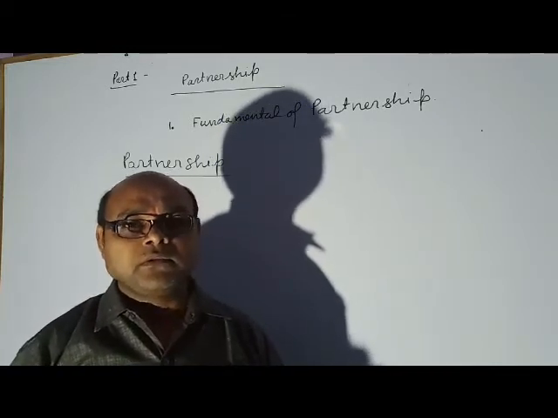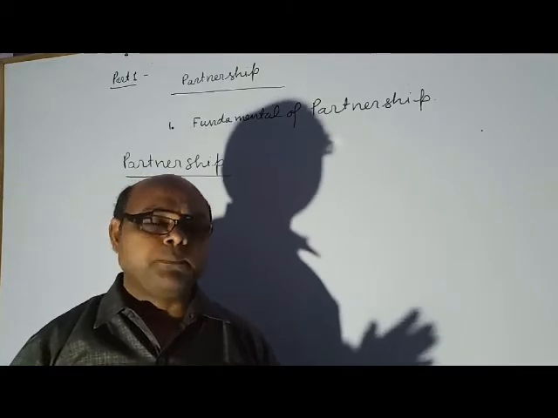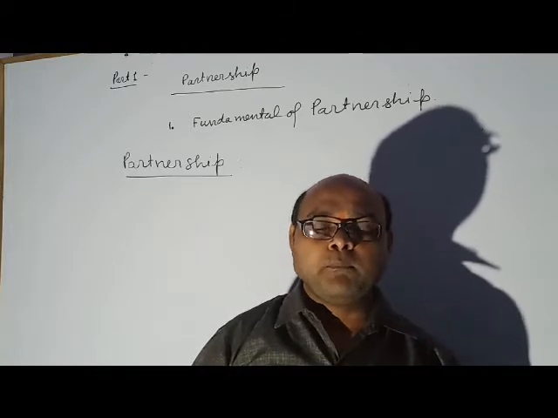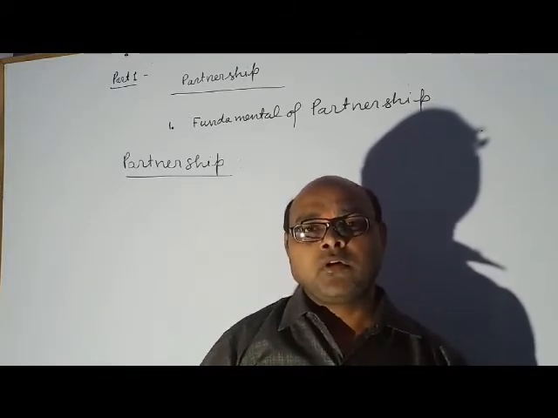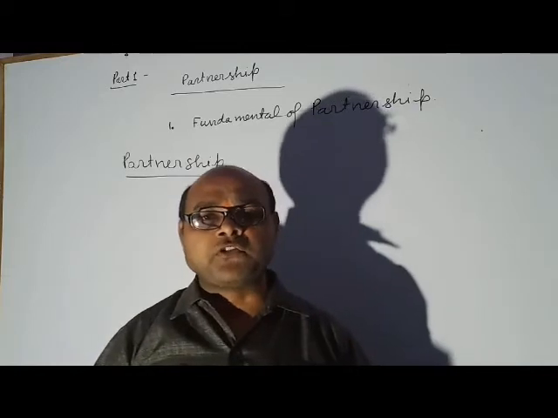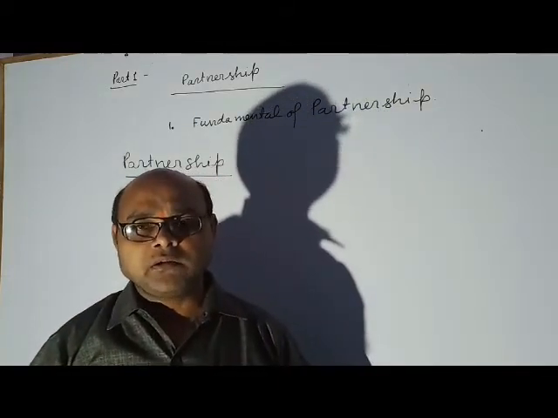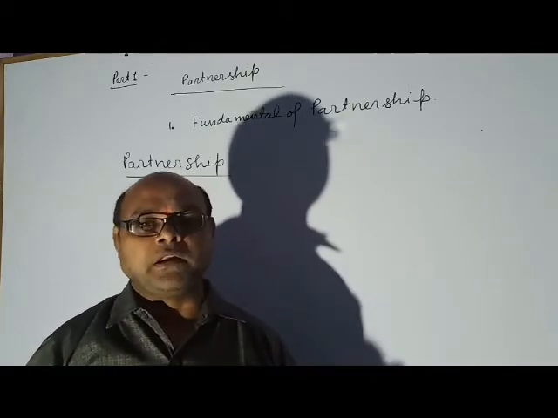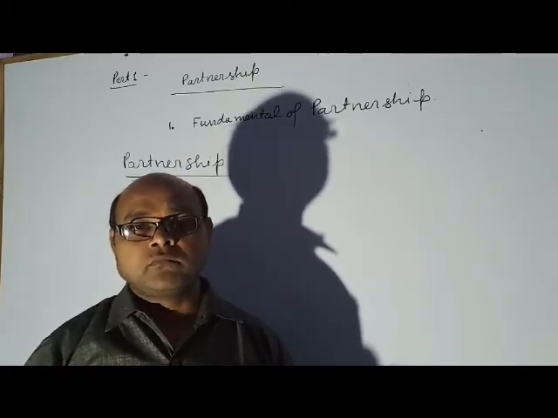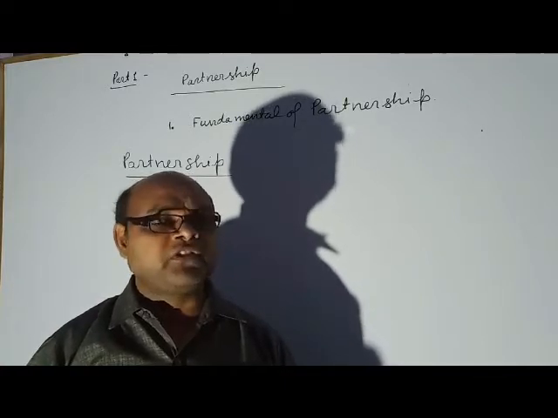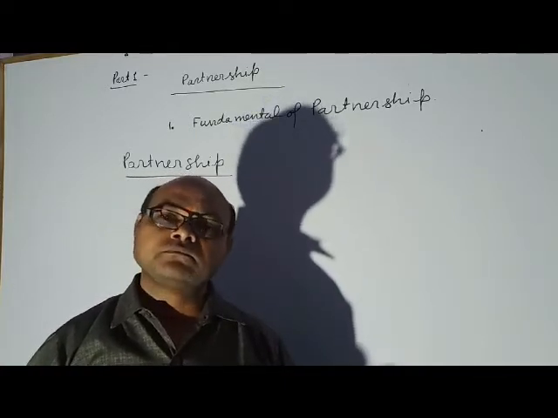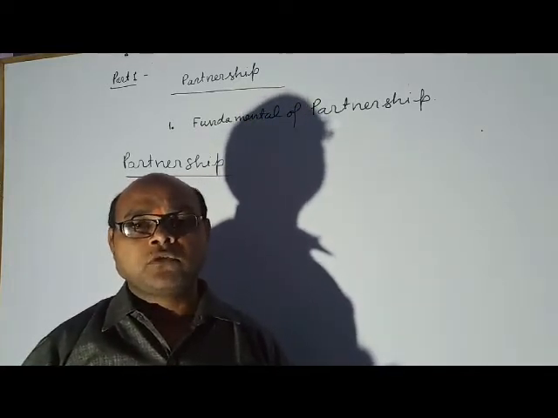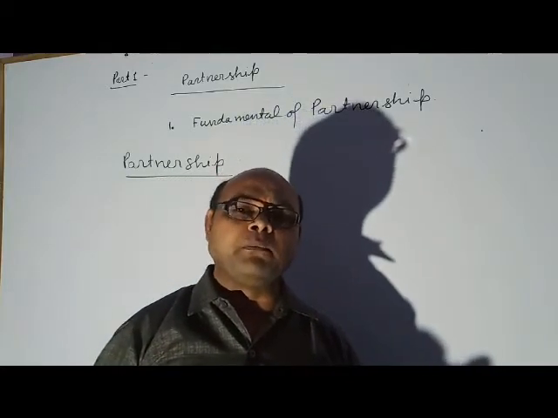For example, if there are three partners, A, B, C, partner A goes to another city for business purposes, and there he makes an agreement with a third party. On that agreement there will be the signature of only Mr. A, but for that agreement all the partners A, B, C will be responsible.